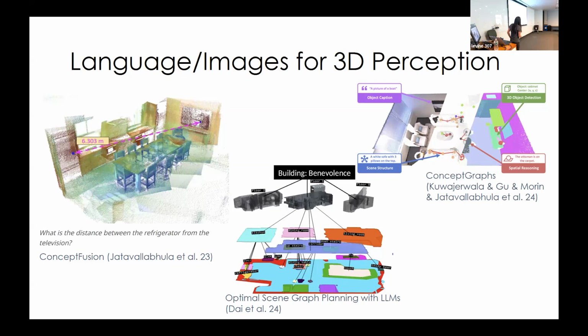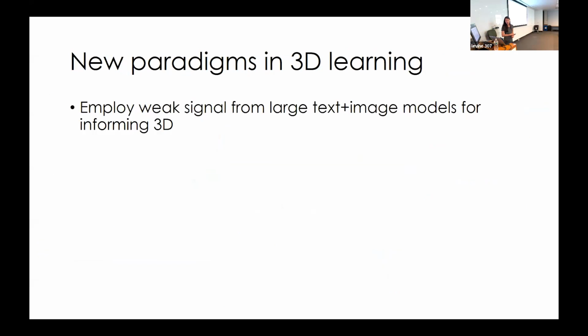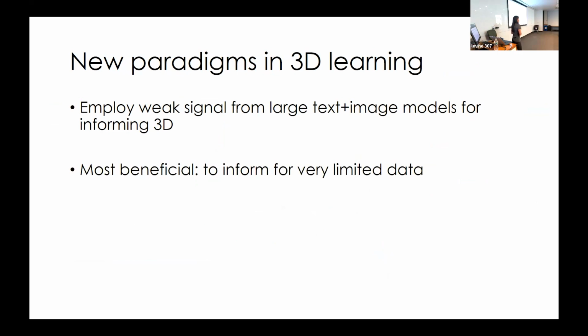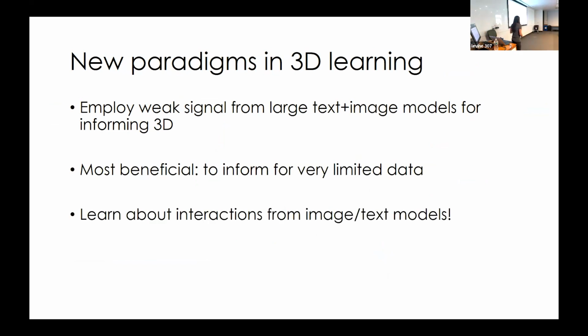But if we want to use this for interactions, maybe we can leverage something even more powerful that can tell us about the data that we're actually missing. We're missing a lot of information in terms of how people interact with environments, but image text models actually have a lot of this embedded inside.